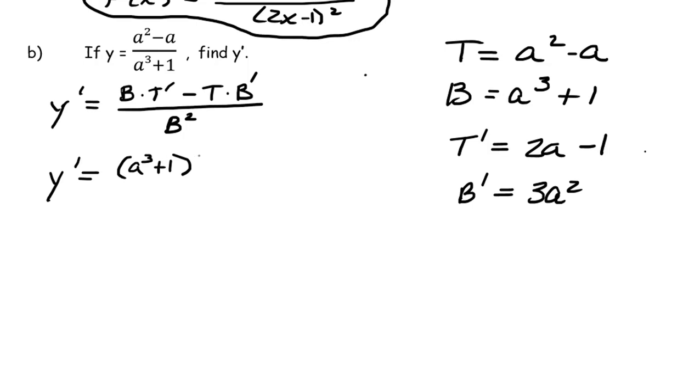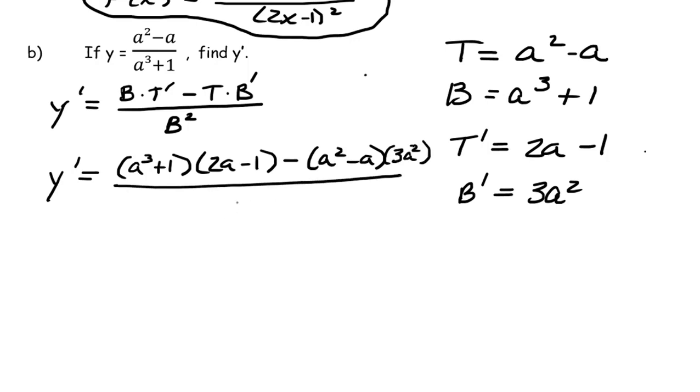The derivative of the top was 2a minus 1, minus the top, which is a squared minus a, times the derivative of the bottom, which is 3a squared, all over the bottom squared, a cubed plus 1 squared.